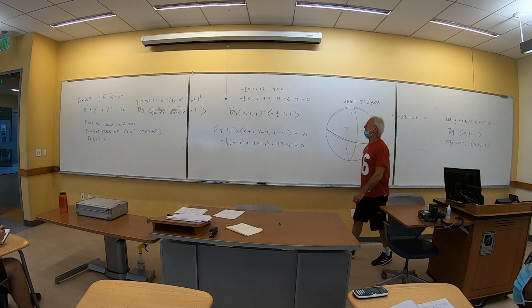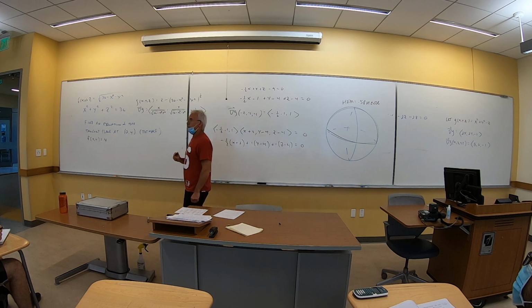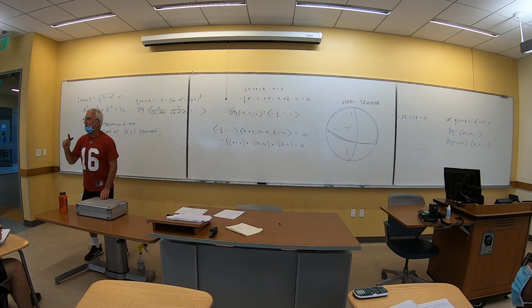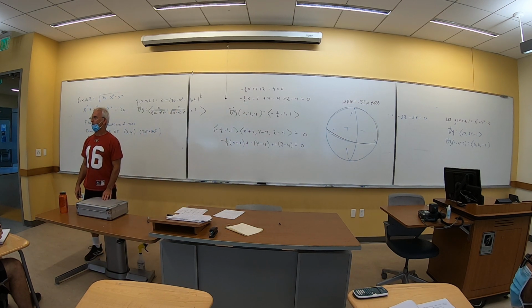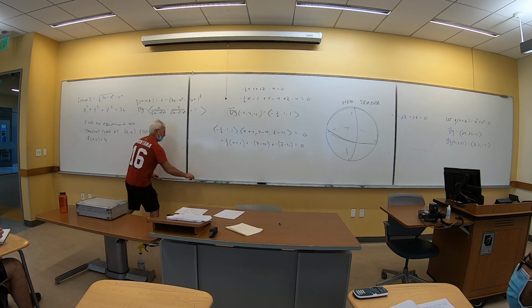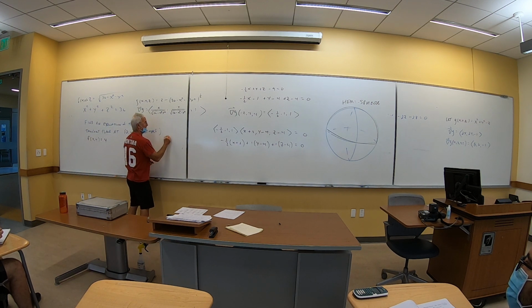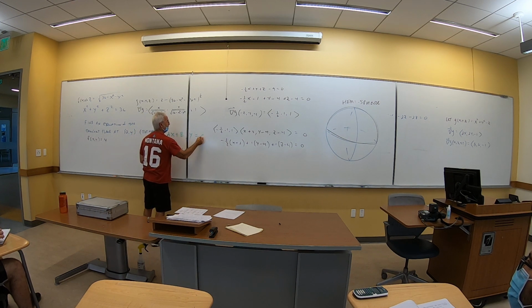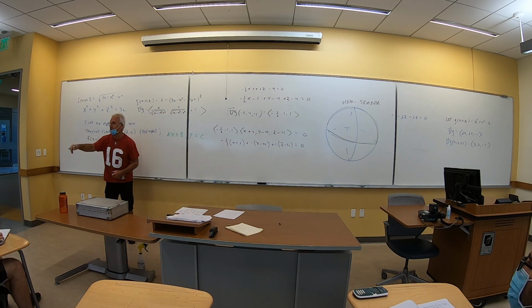There's something called standard linear form of a line. Not slope-intercept form, that's y equals mx plus b, the most useful form. Standard linear form of a line is anything of the form ax plus by equals c, or plus constant equals 0.